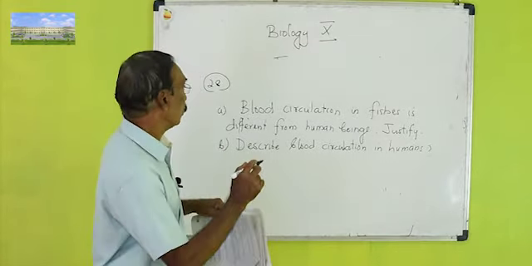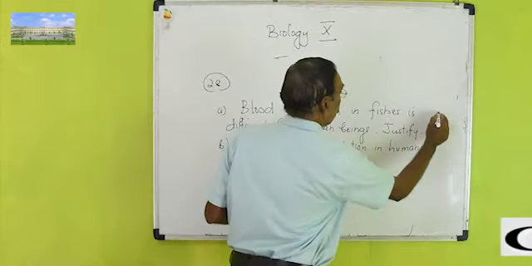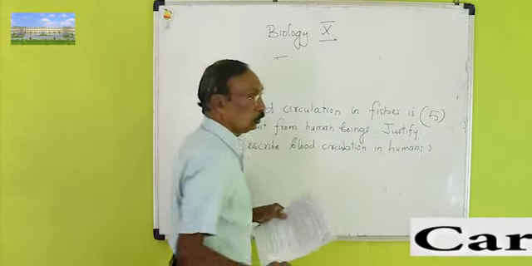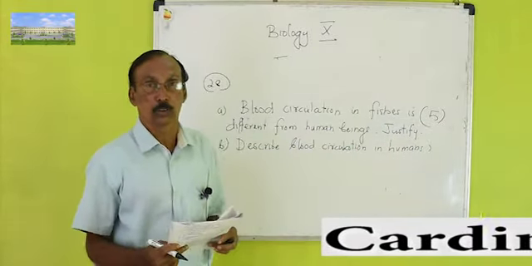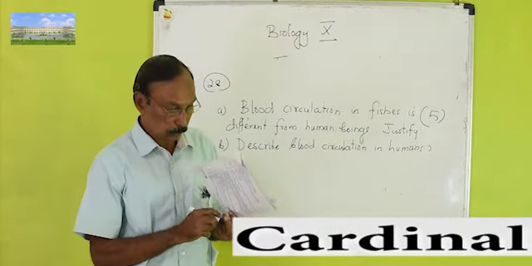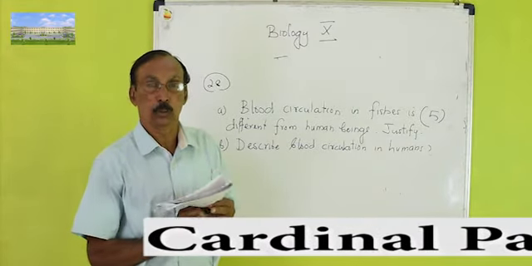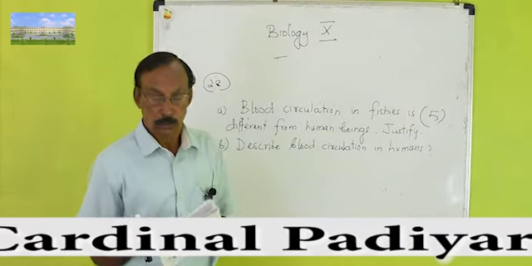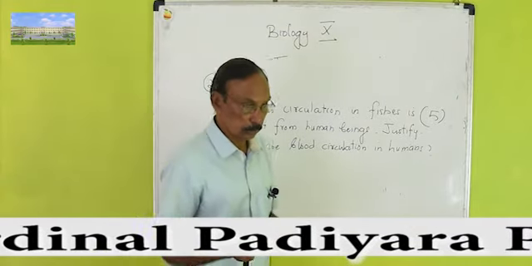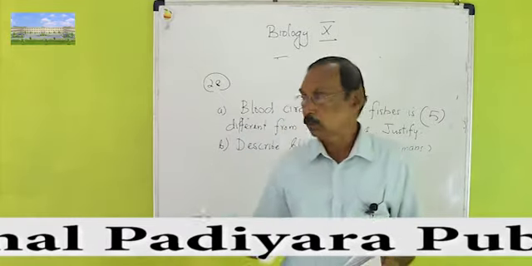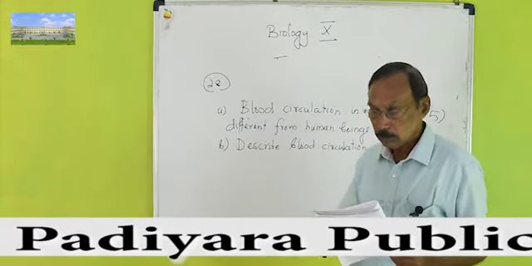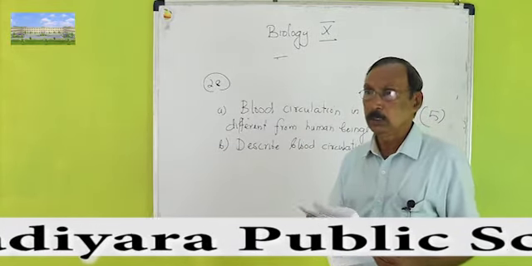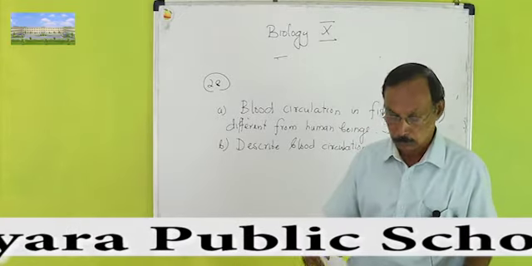So this is a 5 mark question, question number 25, 5 mark. Essay type question. Try to answer these questions. Write it in the notebook. Explain. If you have any doubt, next class you can ask. These are the two questions that appeared in last year's question paper.